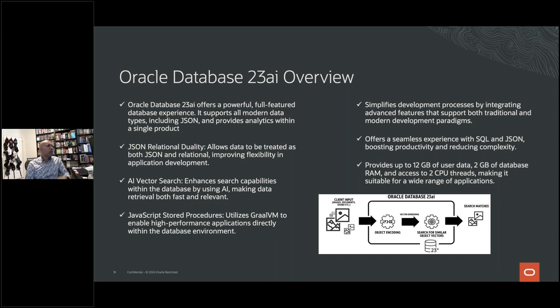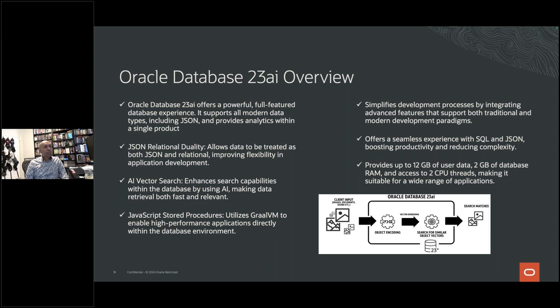Oracle Database 23 AI offers a powerful and full-featured database experience. It supports all modern data types, including JSON. So if you are getting telemetry in JSON format, you can store it here. It also provides analytics within a single product.